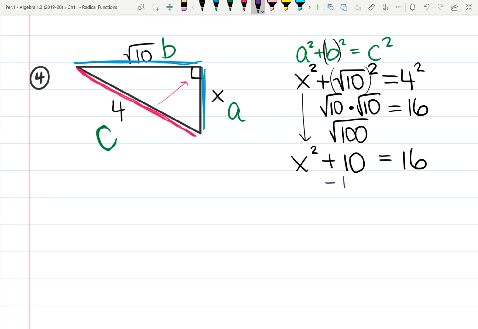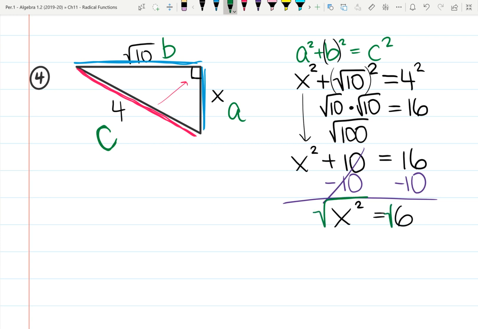I can subtract 10 to the other side because I'm trying to get x by itself. So we have x squared equals 6. Then I have to get rid of the exponent 2, so I'm going to take the square root of both sides. The square and the square root cancel. So x is equal to the square root of 6.